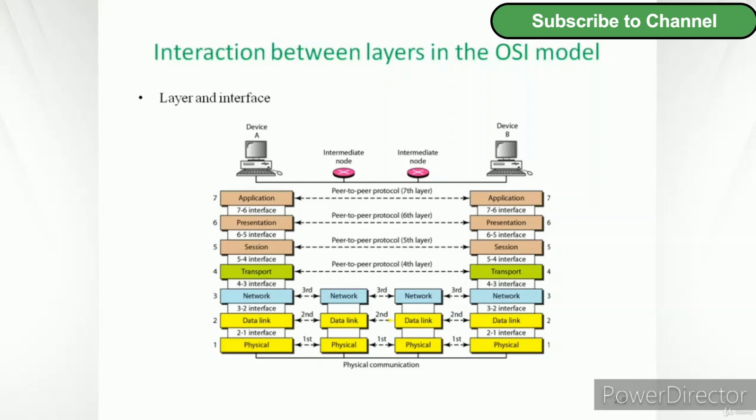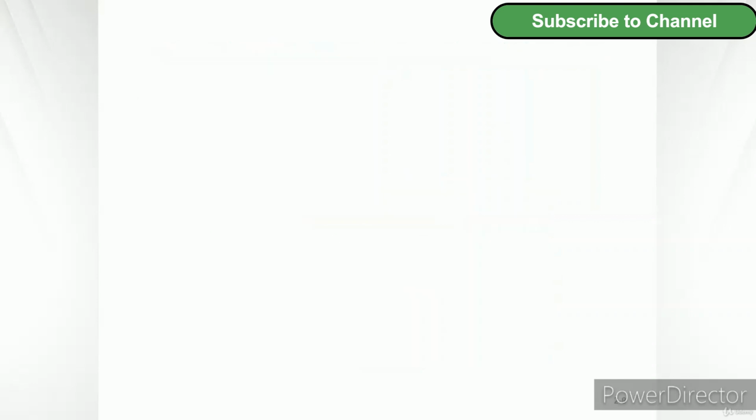The set of layers and protocols is called the architecture. So if they ask you to draw the architecture of the OSI model, you should be able to draw this diagram and explain it. So this is the interaction between the layers of the OSI model.